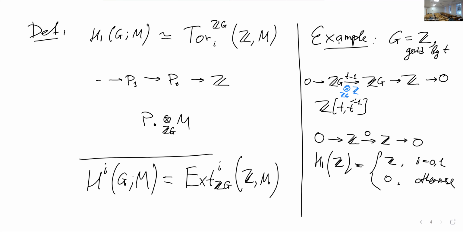And what happens if we take an arbitrary module, basically with an action of Z? What does this mean? It means we have a module and some endomorphism of the module. Well, the coefficient module.